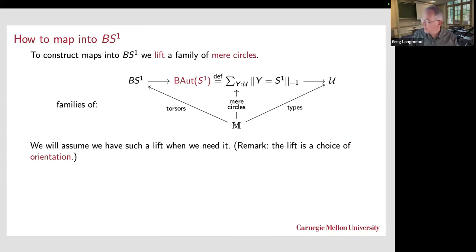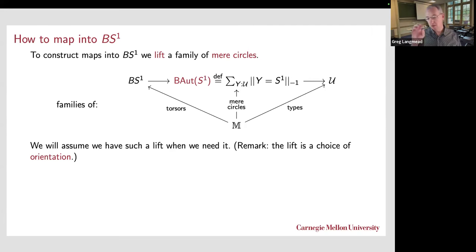So for us, we want to map into the circle torsors, right? That link of each vertex is a square or something like that. For the octahedron, it's a square. It's a circle-like thing. So let's look at this sequence of maps. We've got the universe. We've got what we'll call mere circles.